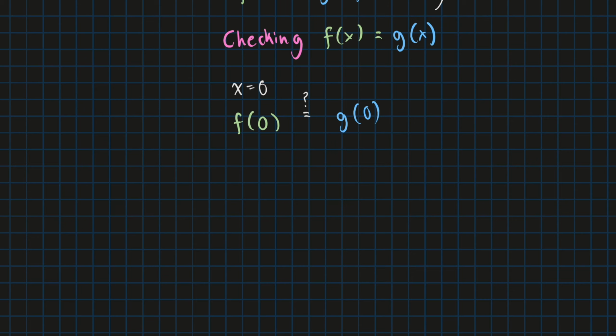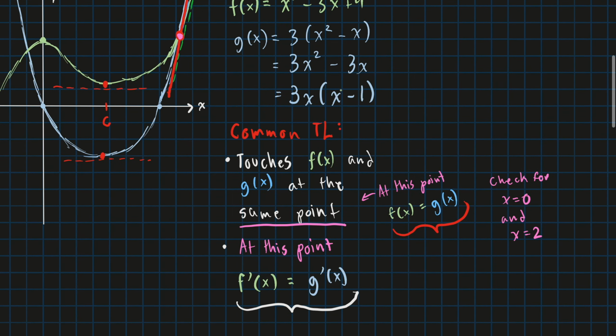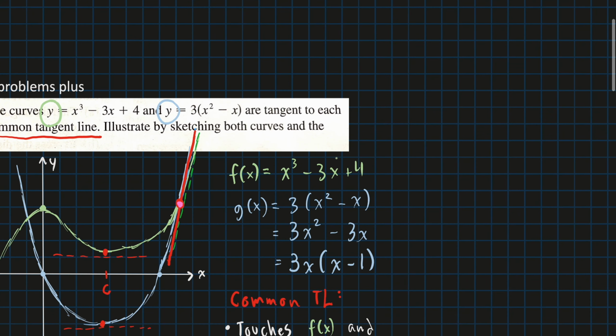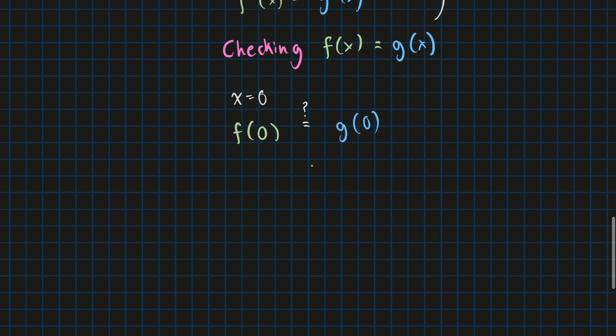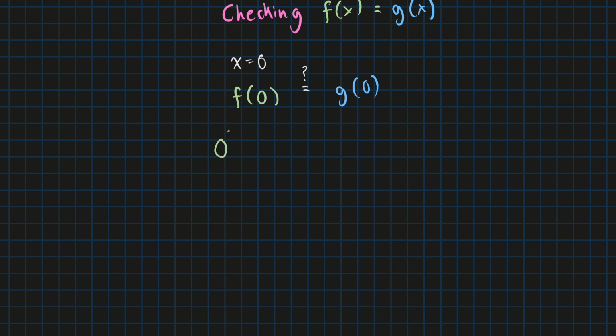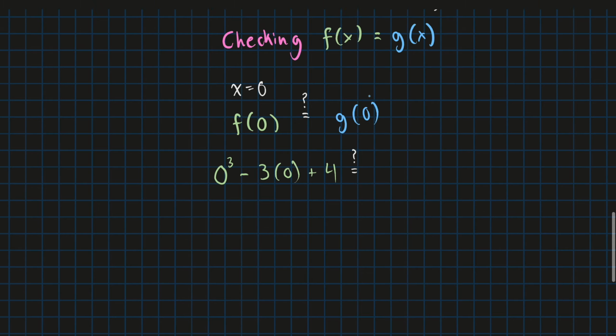Just a reminder, f of x is x cubed minus 3x plus 4. So if we plug in 0 for x, we're going to get 0 cubed minus 3 times 0 plus 4. We're going to get our equal sign out here with a question mark. And let's look back to what g of x is.